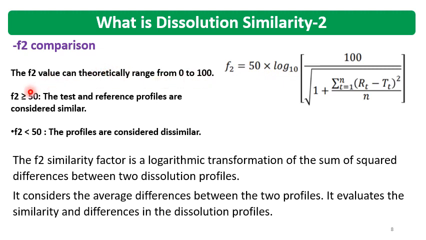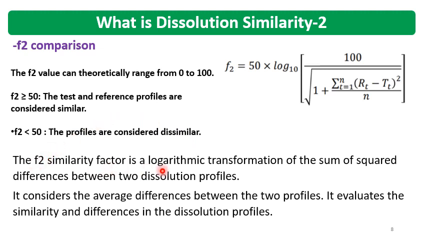If you get an F2 value of 50 or more than 50 for the test and reference profiles, then you can say that the dissolution is similar. If the F2 value is less than 50, the profiles are considered dissimilar, or you cannot prove the similarity.